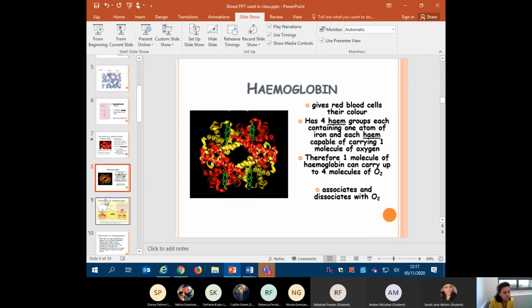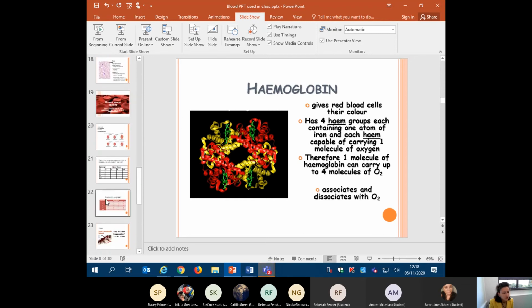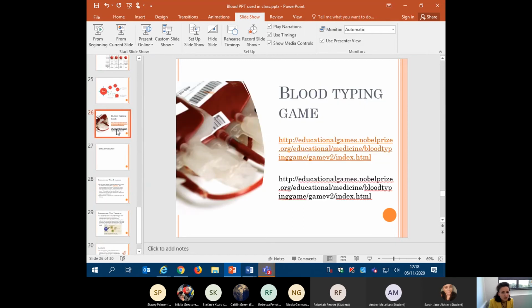Just felt something worth mentioning. There is a pretty good blood typing game where you are given various patients and you have to give them the right blood group.